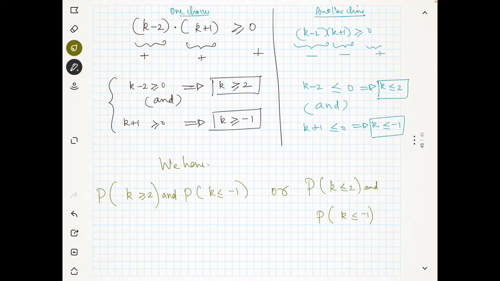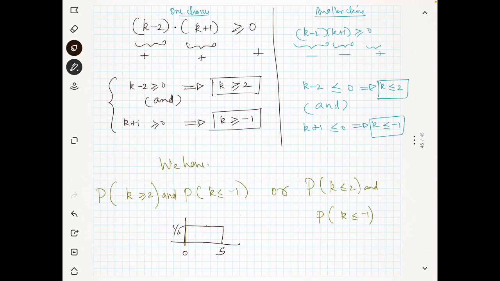Now we will decide. Our PDF is having a property. I will show you our PDF for k, which was 0 to 5, and 1 by 5 is the amplitude.